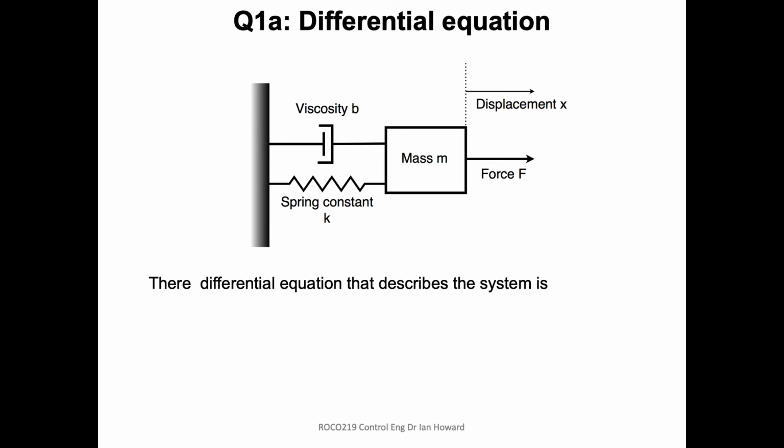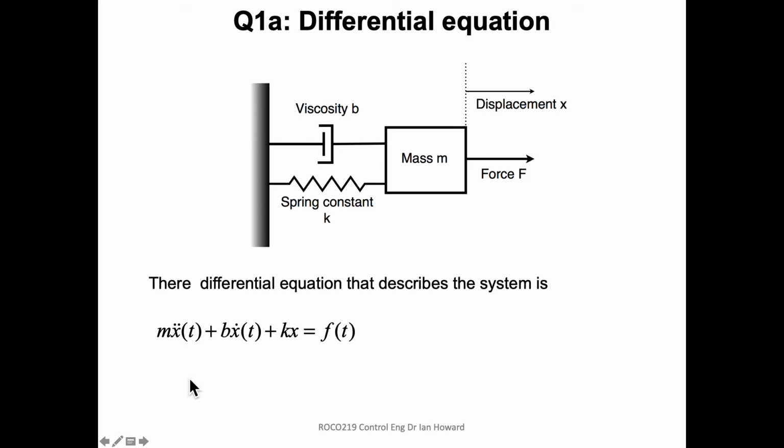It's easy to write down the differential equation then. It's the sum of these three things resisting pulling, all of which are contributing a resistance force, and all of these three resistance forces have got to add up to the applied force. The resistance due to the mass is MA, so it's M x double dot, where double dot represents the second differential of displacement.